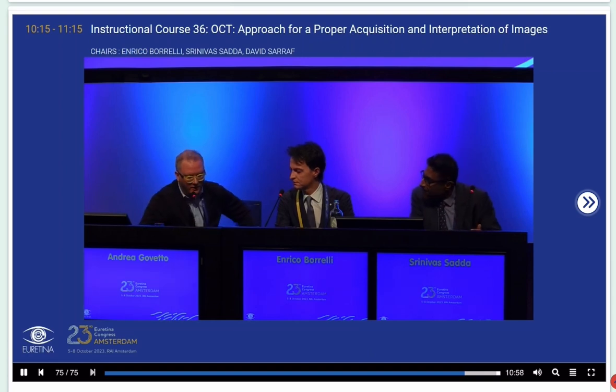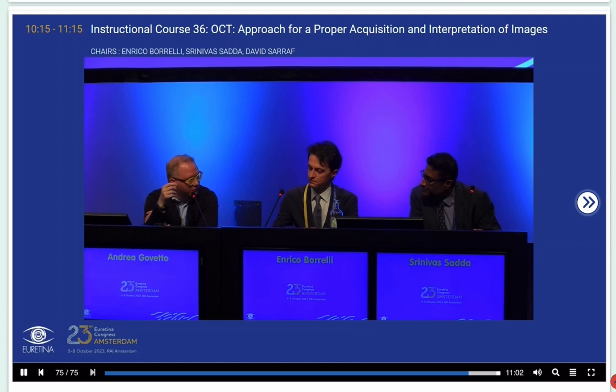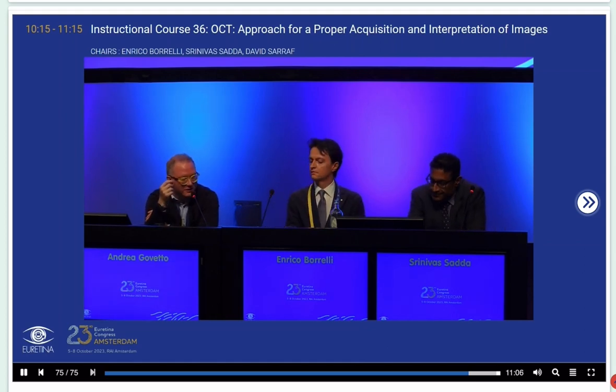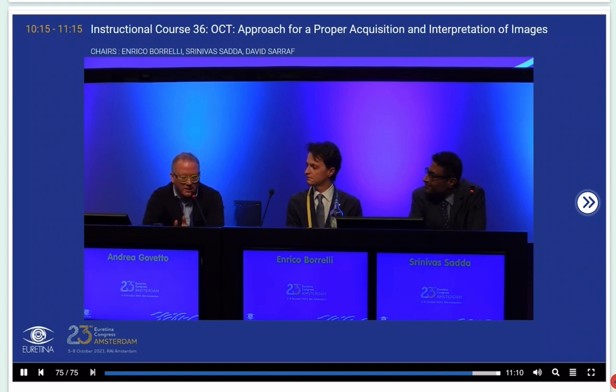I completely agree with Dr. Sadda on the importance of imaging protocol, because when you do retrospective research, you will regret it if you didn't do the correct scan. The problem is to try to find a balance between your clinical activity and your research activity, because, for example, my residents hate me because I do a very, very detailed protocol exam for surgical patients, for example, for ERMs, macular hole, and so on.